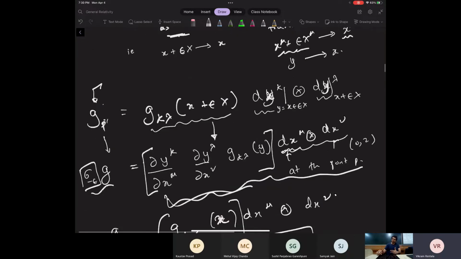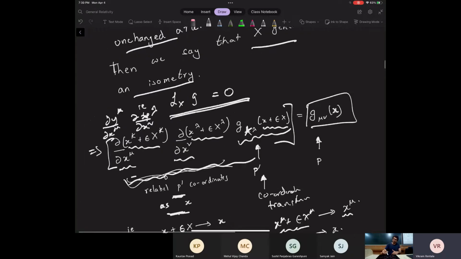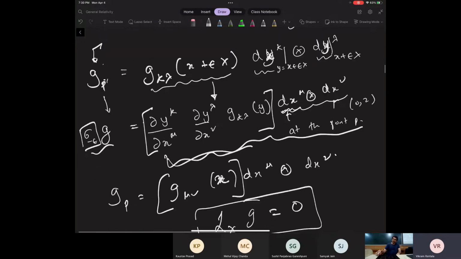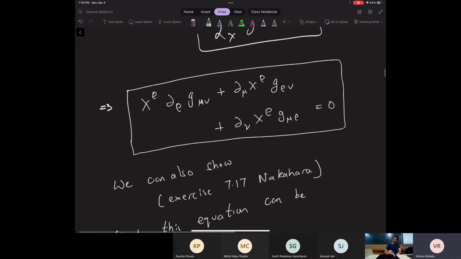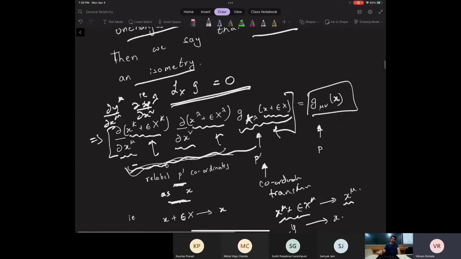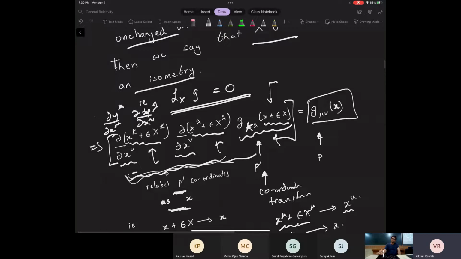You can work out what this is in components. You can expand it out to first order in epsilon, and what you'll get is an equation of this form. Again, I'm not working through the details, but you can see why this would be true. You expand it out, it would be g kappa lambda of x plus epsilon X mu partial mu g kappa lambda evaluated at x.